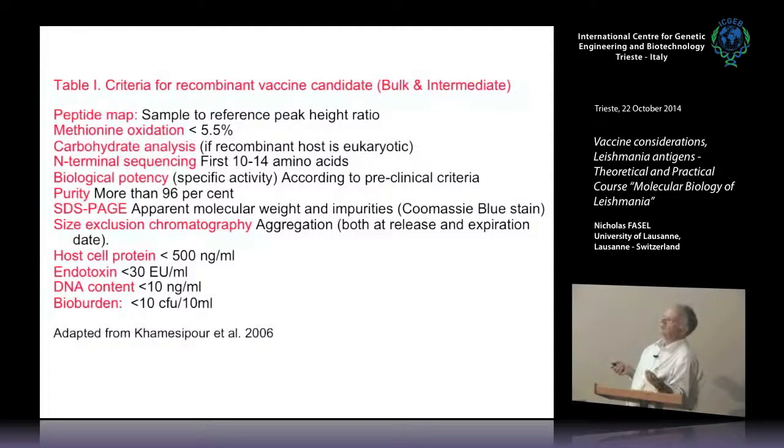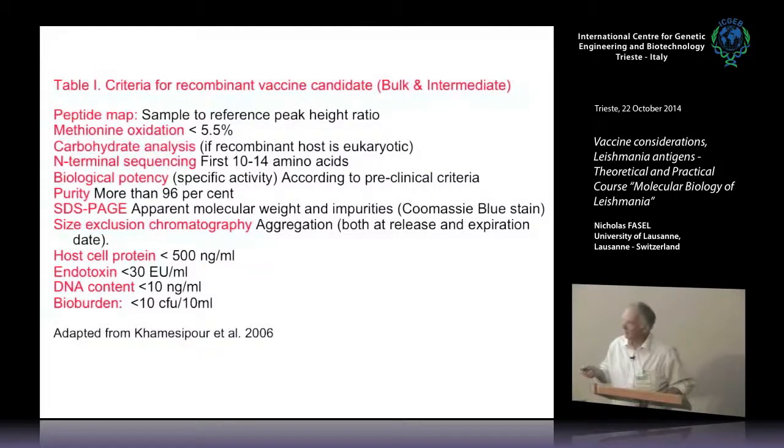What is the percentage of the protein of the cell system which was used? For example, you must be under 500 nanogram per ml. Endotoxin level, DNA content, for example, if it's a protein, how much DNA is left, and bioburden: is it contaminated with bacteria?